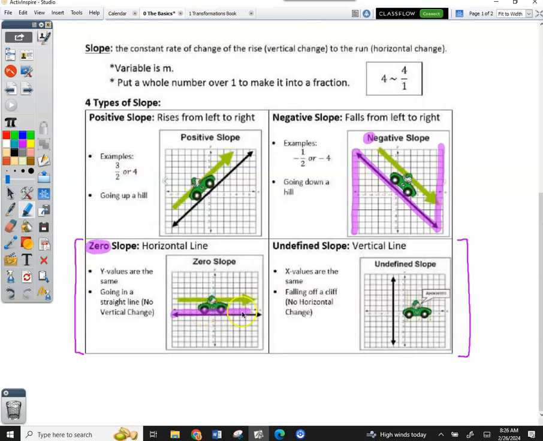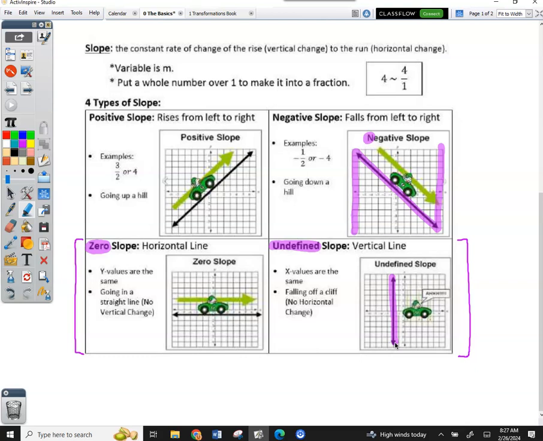So this has a 0 slope. When you have an undefined slope, it means the line is strictly vertical, up and down. Not slanted at all, because once it starts slanting, now it's either positive or negative. But if it's straight up and down, it's undefined slope.